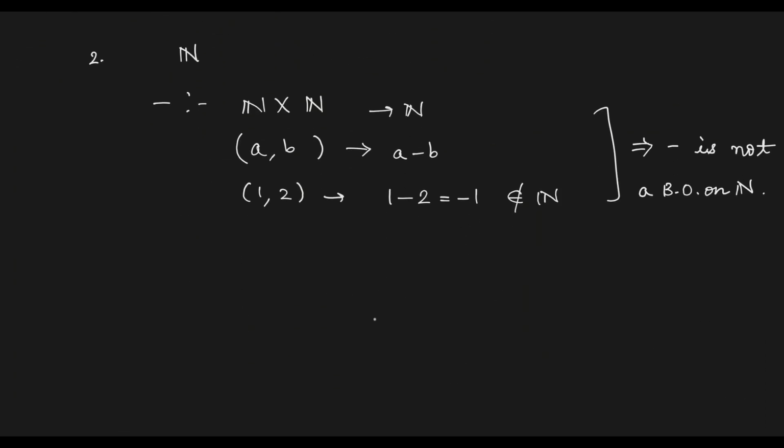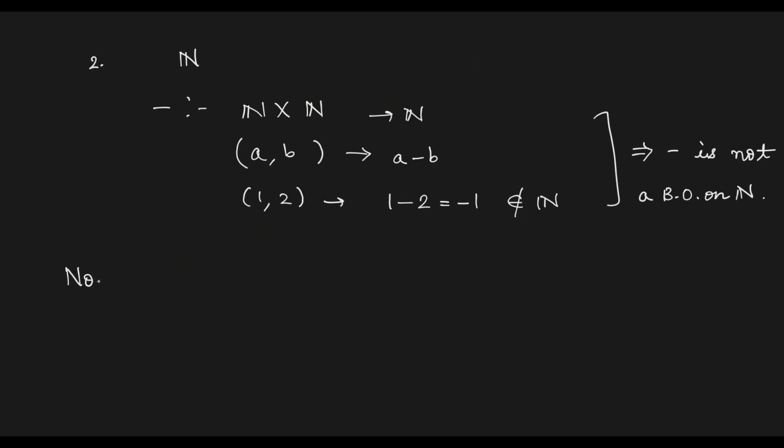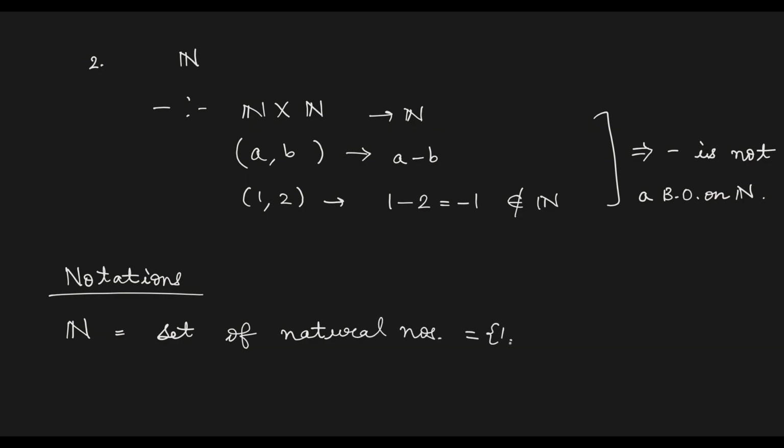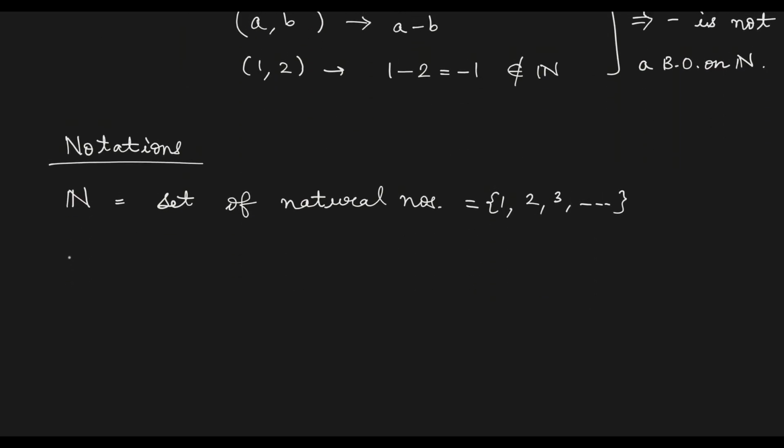Next, some important notations. N is the set of natural numbers, which are also known as counting numbers: 1, 2, 3 and so on. Z is the set of integers. Integers are basically the union of negative numbers, 0 and positive numbers.